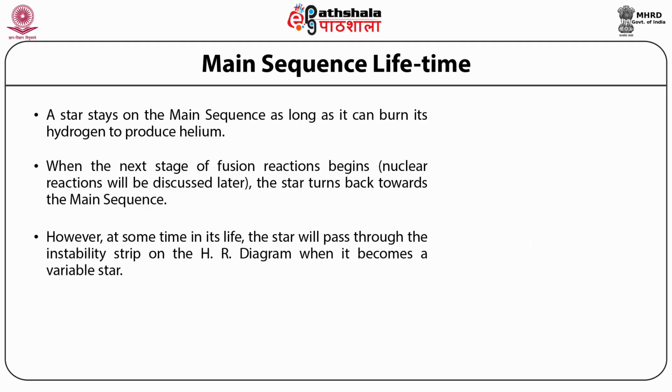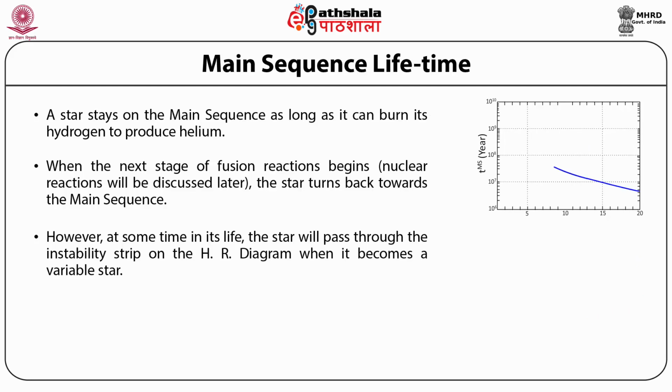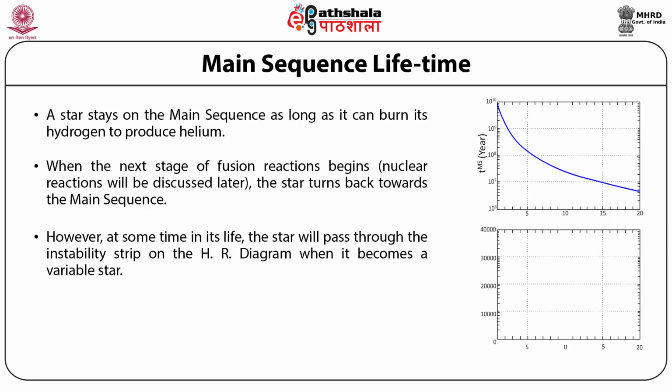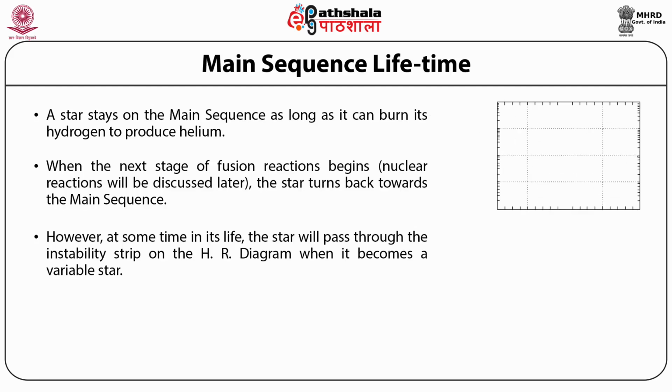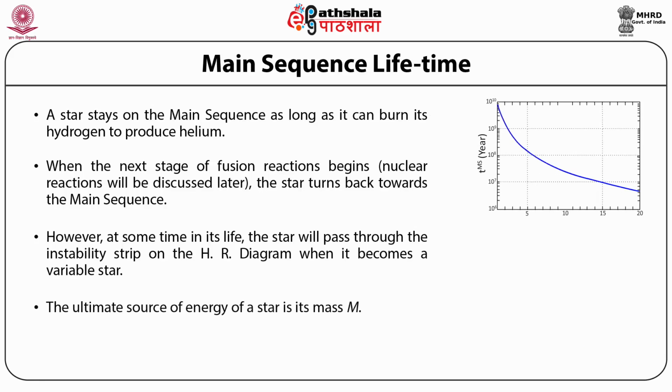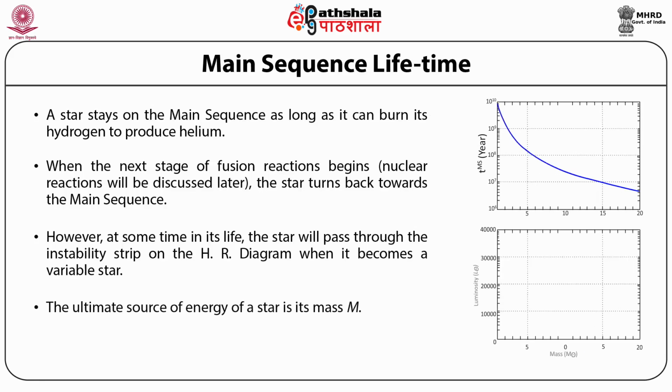The time for which a star stays on the main sequence depends on its mass. It is simple to understand that the ultimate source of energy of a star is its mass m.